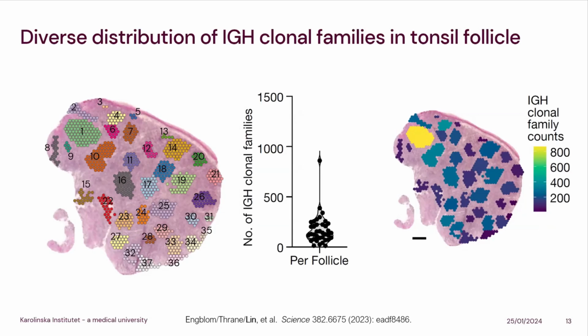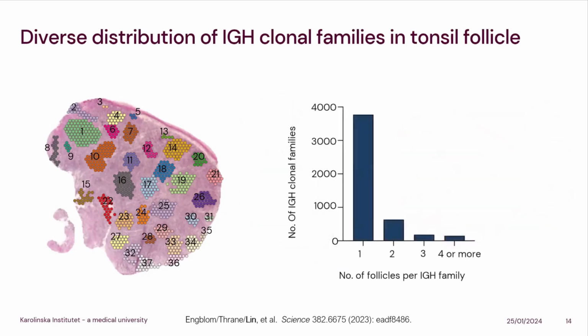And if we change the angle of view, instead of at the follicle level, but at the clone family level, how does an individual family look across all the follicles? Are they enriched or restricted in 1 follicle, or are they spatially expanded into multiple follicles?